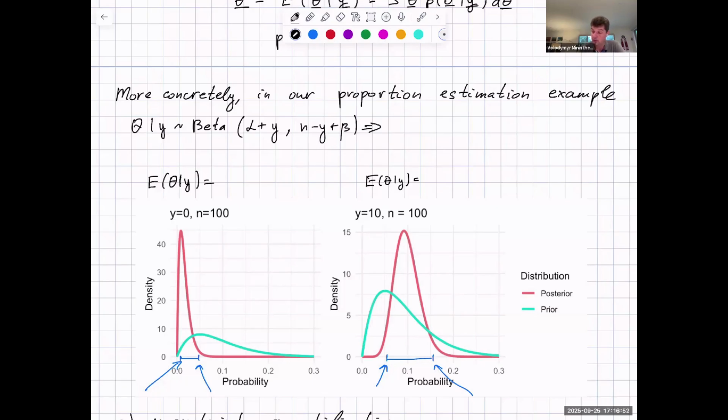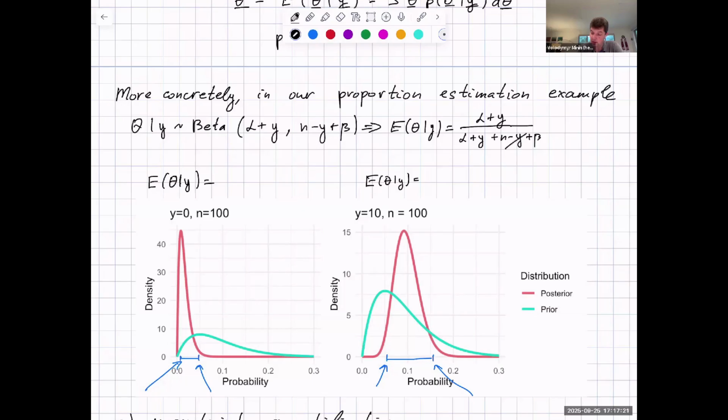If you go to Wikipedia and look up the properties of the beta distribution, you'll see that the mean of the beta distribution is the ratio of the parameters that go in shape 1 and shape 2. So it's a ratio of the first parameter of the beta, which in our posterior is alpha plus y, and on the bottom you put the sum of these two parameters, which in our case is this.